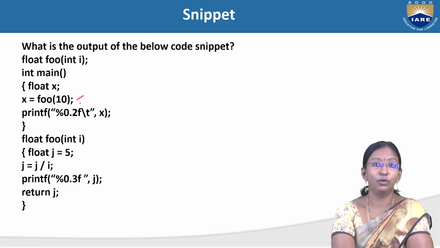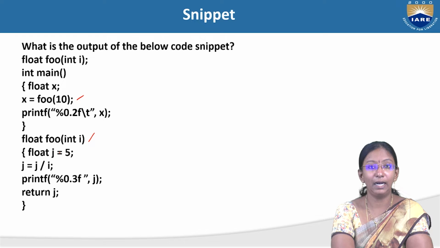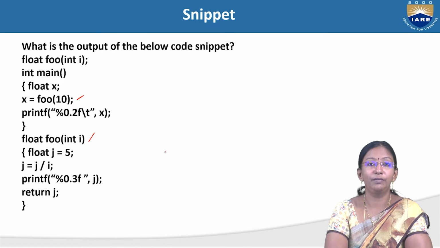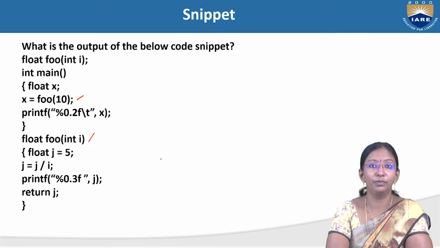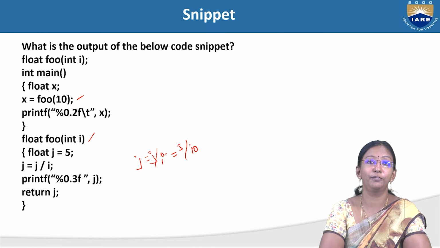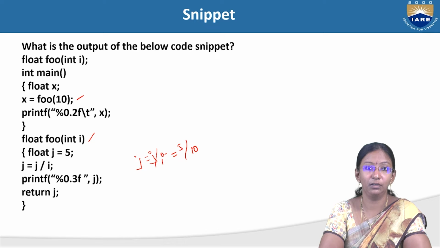The control will go to this function. The function says to calculate the value of j by i, where the value of j is 5 and i is 10, the values which you are going to get from the function main.